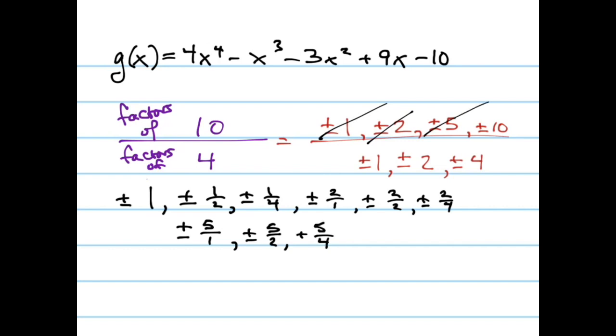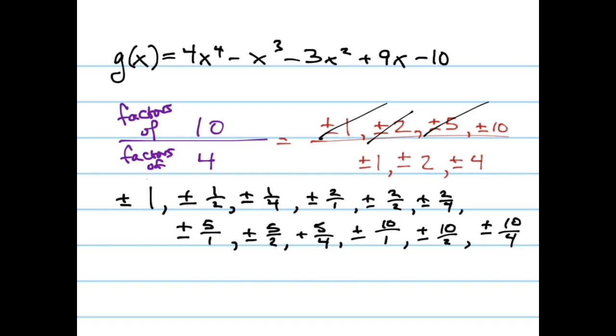Takes care of this one. We have plus or minus 10 over 1, plus or minus 10 over 2, and plus or minus 10 over 4. Anybody notice anything interesting? Besides the fact that that's a pretty long list.